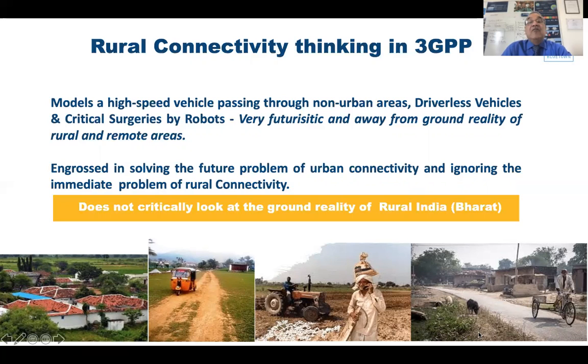So the vision of 3GPP for 5G is basically engrossed in solving the future problem of connectivity and ignoring the immediate problem of rural connectivity. That is what this picture shows. The rural reality is totally different from the urban situation.